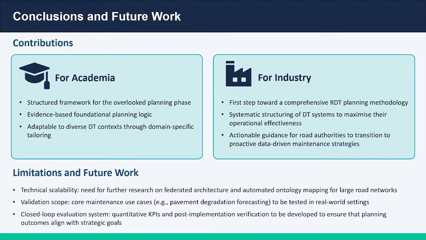Another limitation refers to the validation scope, because currently we tested it against this lighting outage case study, but we want to test it on other use cases like pavement degradation forecasting. And as a last thing, we want to develop a closed-loop evaluation system in order to verify and ensure that the planning outcomes align with the strategic goals.